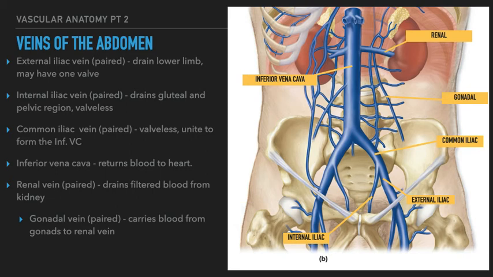You can kind of see that if you follow this gonadal vein upwards. Finally, the hepatic vein, which is going to drain the deoxygenated blood from the liver. This is also blood that's been detoxified by the liver. It's going to move into the inferior vena cava. And of course, ultimately, the inferior vena cava will drain into the atrium.